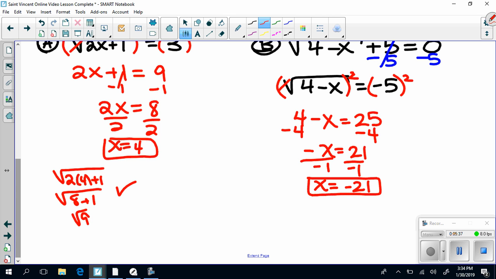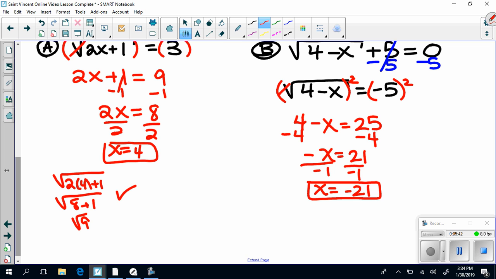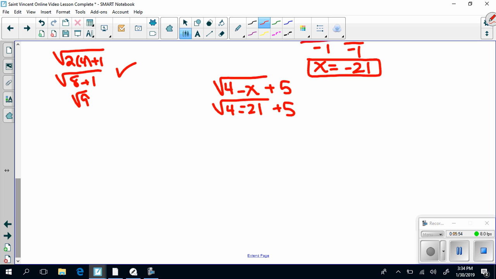Okay, so again, we need to go back up and check to see if that works. The square root of 4 minus x plus 5 was the equation. So let's look. Square root of 4 minus negative 21 plus 5. Well, minus a negative is plus, so that's the square root of 25 plus 5.